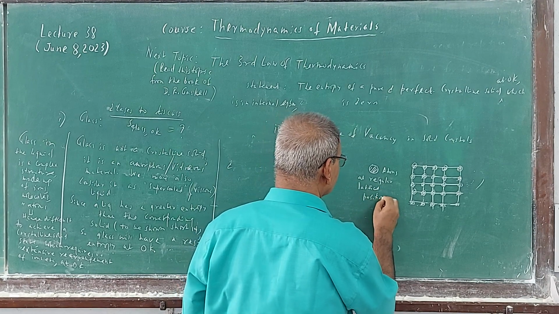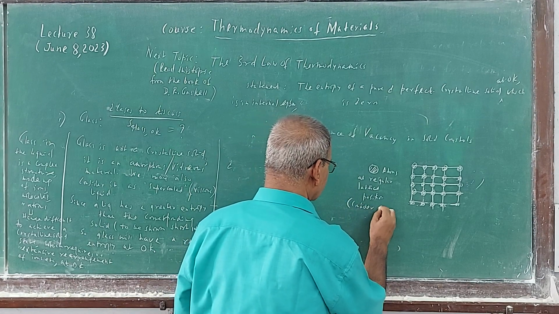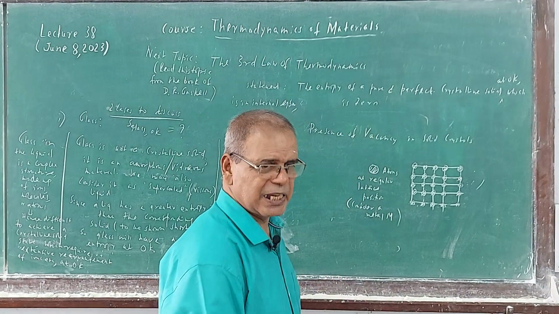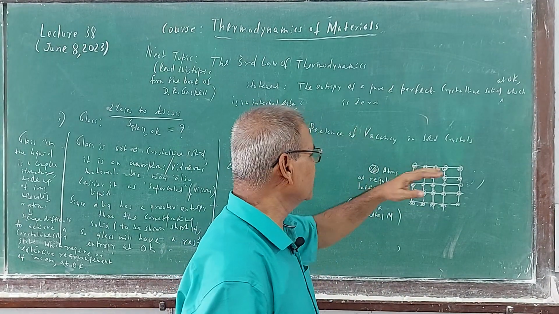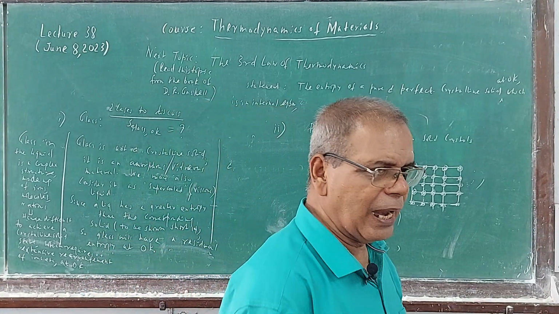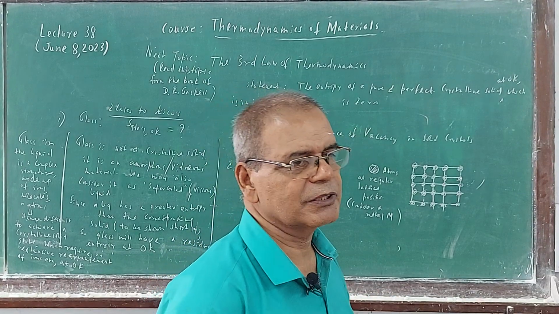Now I tell you what. Consider a metal M, say iron, say nickel. This is the solid, okay, atoms are there. At any temperature T, there is vapor pressure. This you have to understand.